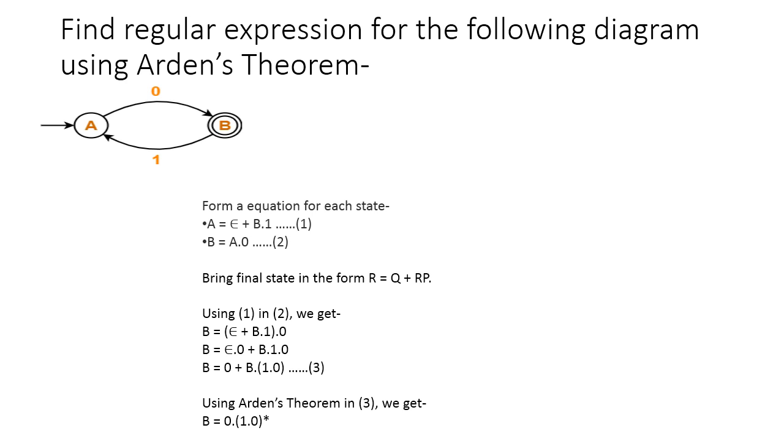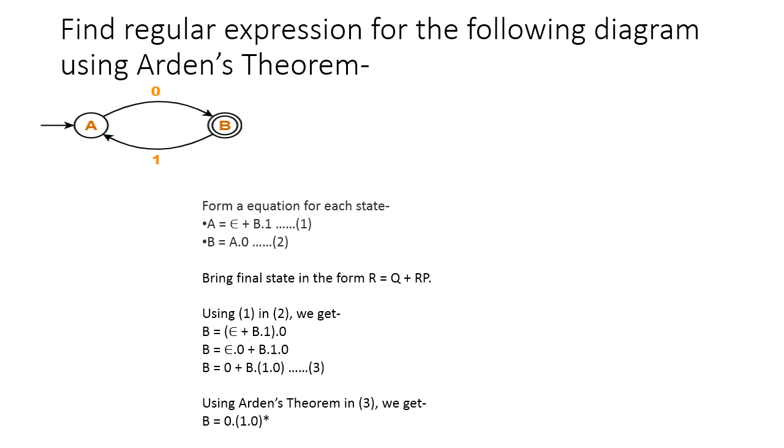Now in this diagram, form an equation for each state. First of all for the initial state, as I told earlier, I have to add epsilon. So A is equal to B into 1 plus epsilon. Here you can see the incoming edge for A is coming from B. So B into 1 plus epsilon.